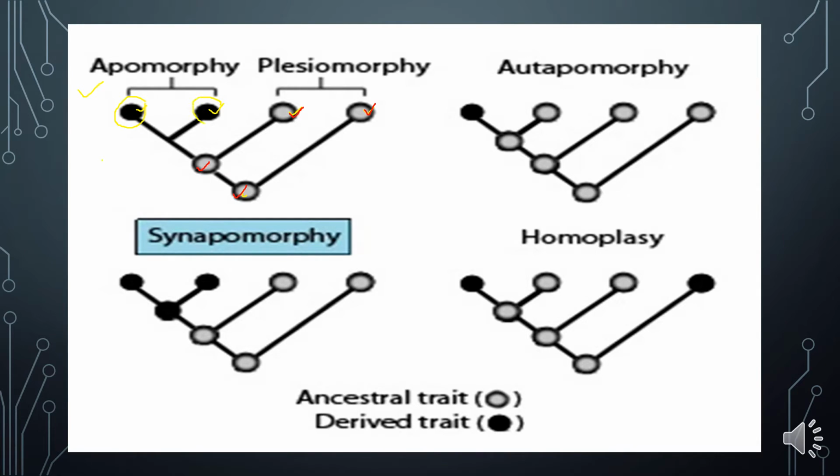So in any cladogram where this type of derived character is developed separately by two taxa without any common ancestor, see, there is no common ancestor here, there is no common ancestor that has this derived character.